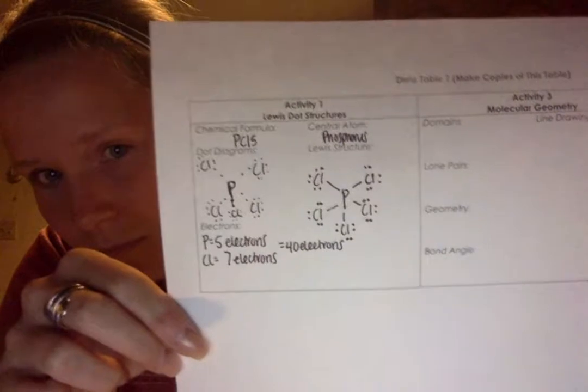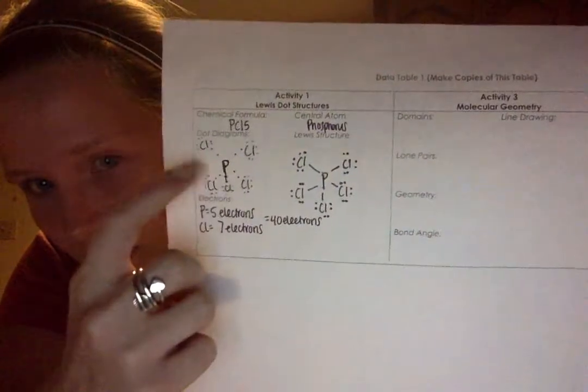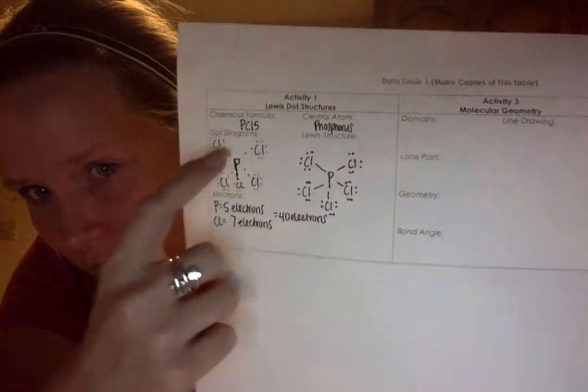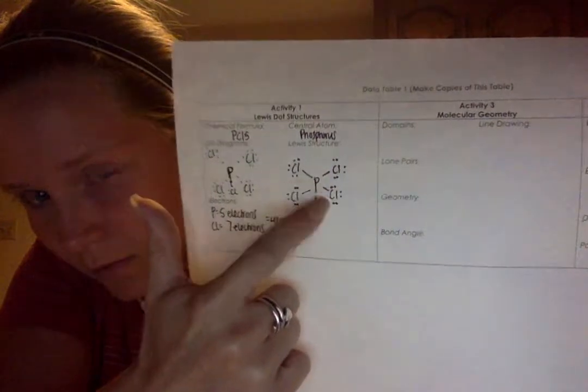So this is all going to add up to about 40 electrons, and I'll show you right now. You see? This is our dot diagram, just with the little dots, and this one is the Lewis structure. So we're basically done with this one.